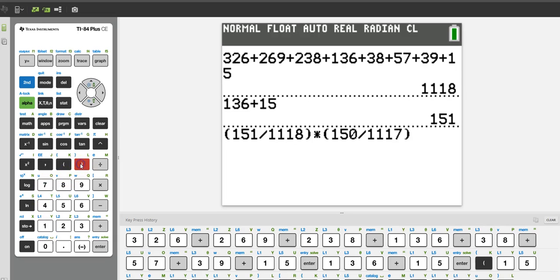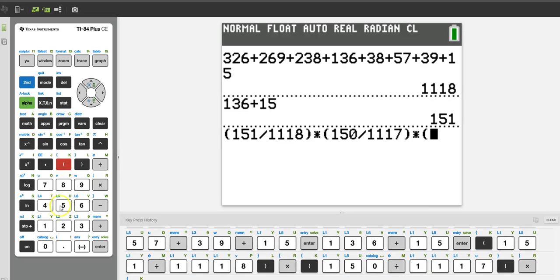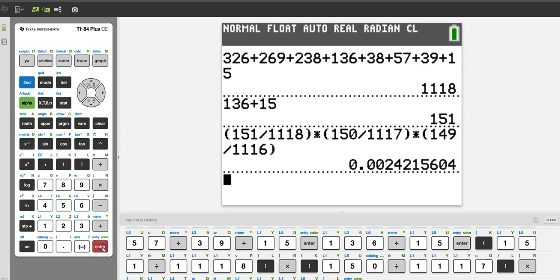And then for the third order, we've already removed 2 orders from restaurant D, so that leaves 149 left, times 149 divided by, now there's 1,116 orders left altogether, 1,116. When I multiply those 3 numbers together, I get a probability of about 0.0024, rounded to 4 decimal places.